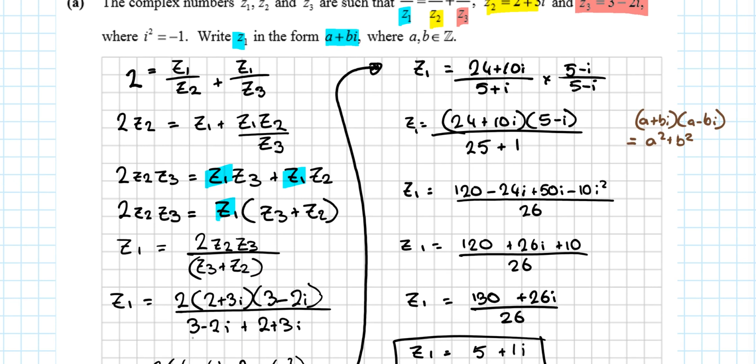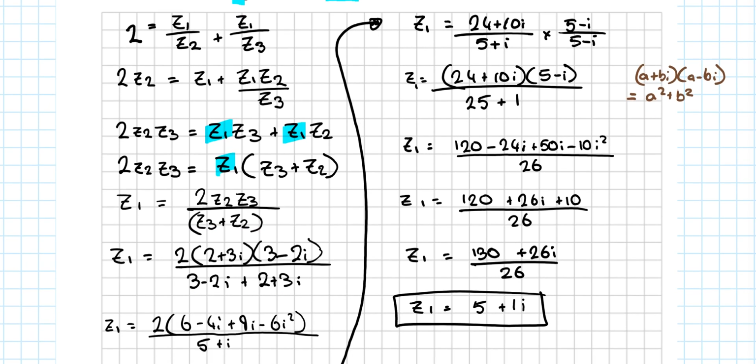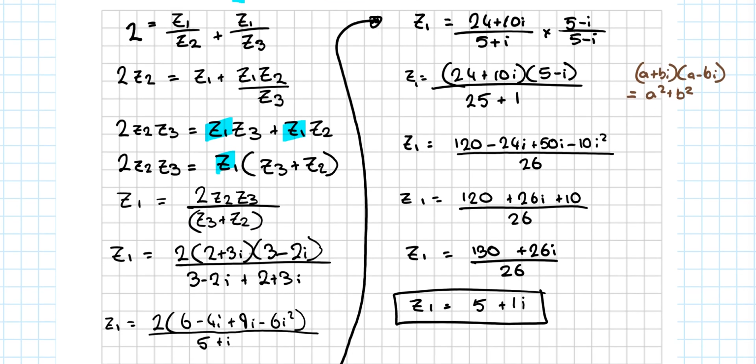The bottom line is 3 plus 2, which is 5, and 3i minus 2i, which is 1i. On the top line, I've multiplied out the two brackets, so 2 by 3 is 6, 2 by minus 2i is minus 4i, 3i by 3 is 9i, plus by minus is minus, 3 by 2 is 6, i by i is i squared.